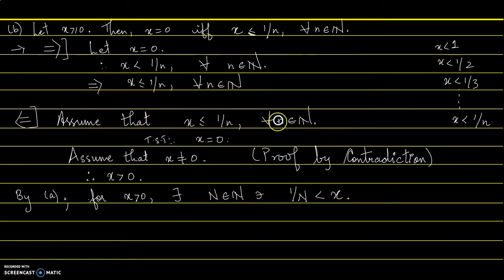I am assuming that for every natural number n, 1 upon n is bigger than or equal to x. And I have found one natural number n such that 1 upon n is less than x. So that's a contradiction to our assumption, let's call it Roman number 1. So this is a contradiction to 1.